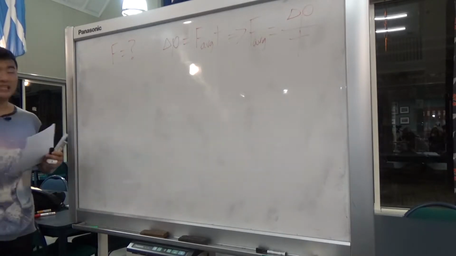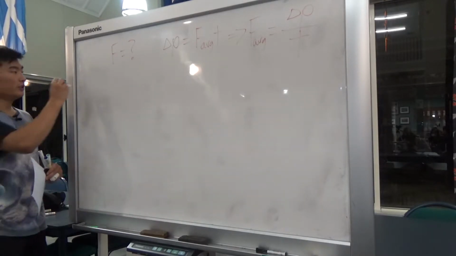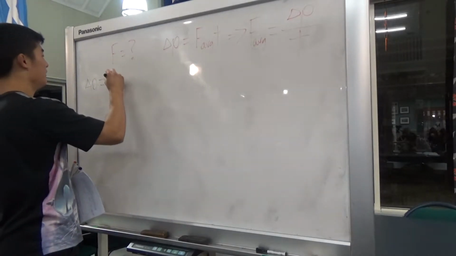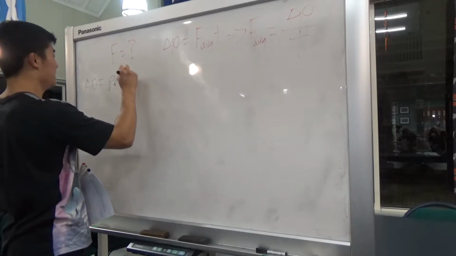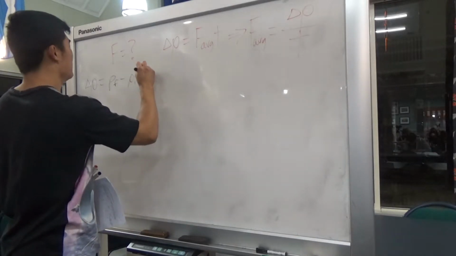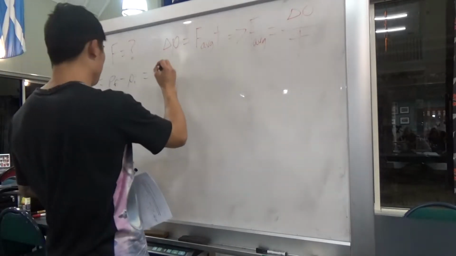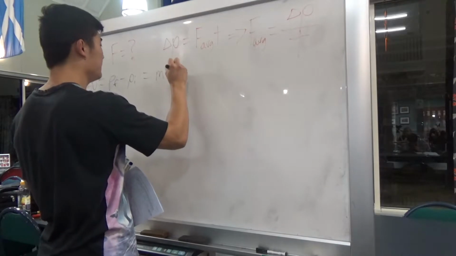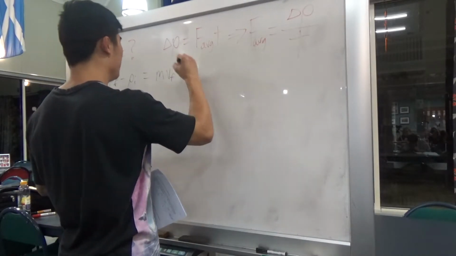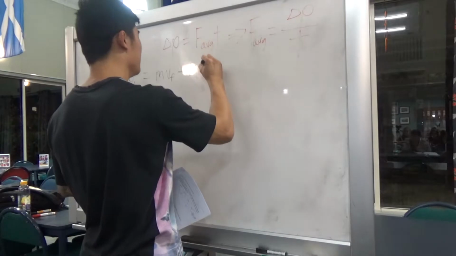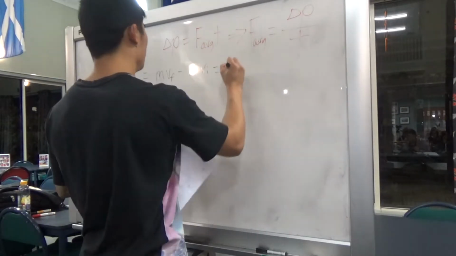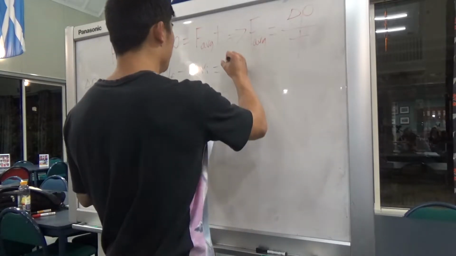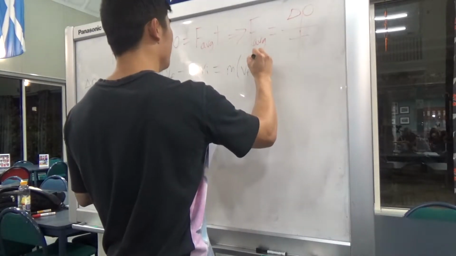So we can calculate what the change in momentum is going to be. Change in momentum is equal to final momentum minus the initial momentum. So final momentum is mass times final velocity minus initial momentum, which is mass times initial velocity. So we'll just factorize that. So that's m(vf minus vi).